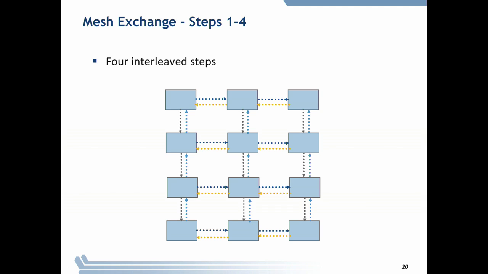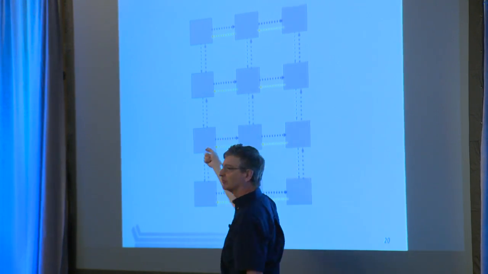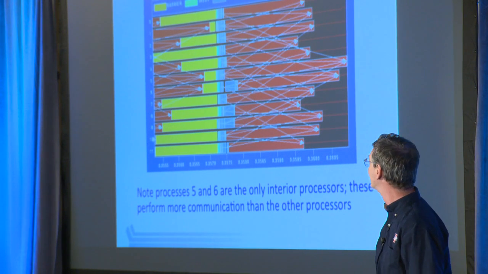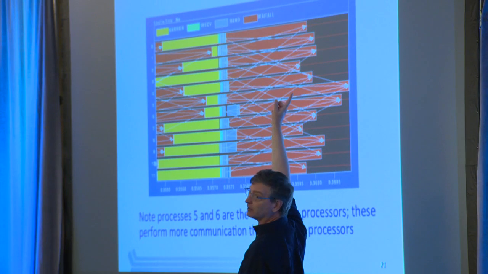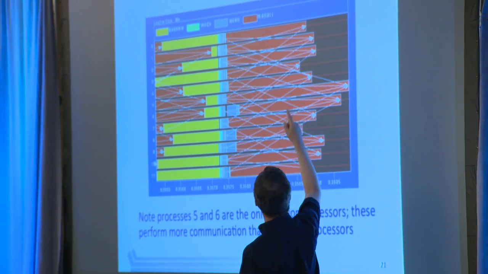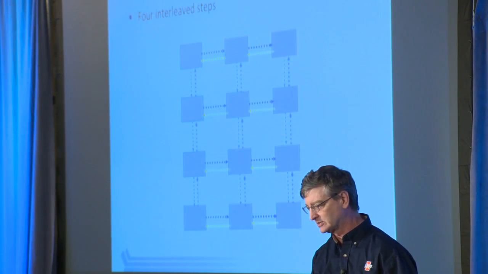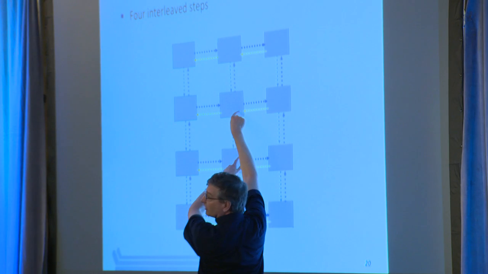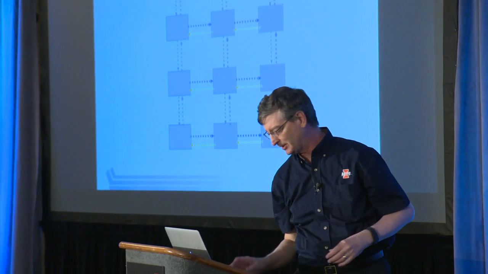As data is going, for example, down here, and it's getting data from other places, you're also sending data out to your neighboring processes. It results in a plot that looks like this. Now notice that instead of process 1 being the one that finishes last, it's these 2 processes, which are the only ones with 4 neighbors. So it's exactly what you expect.